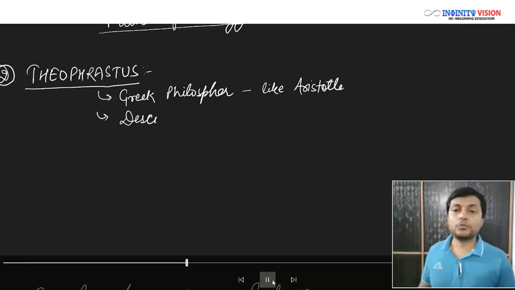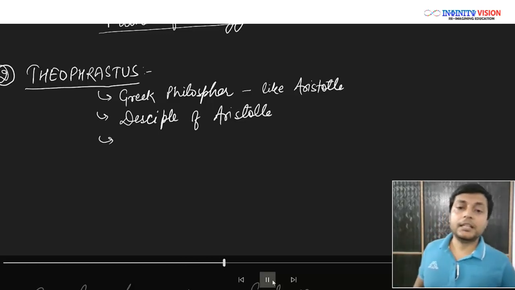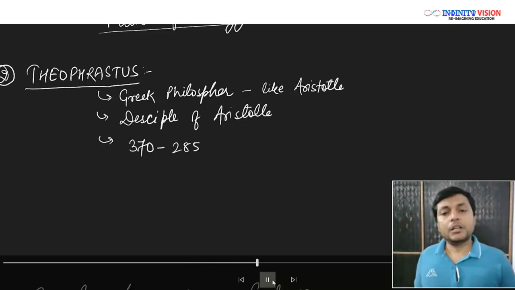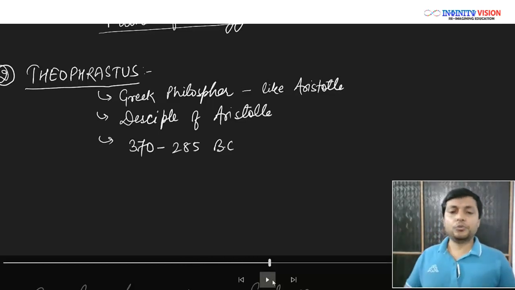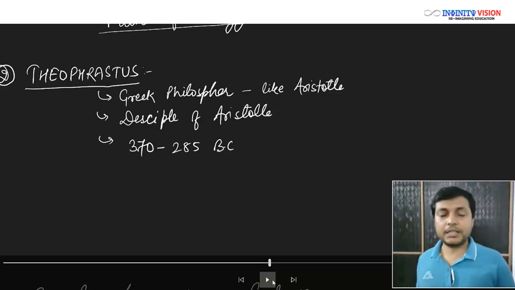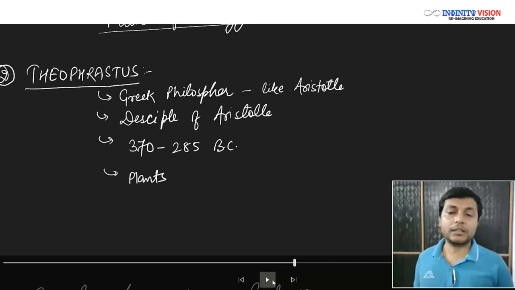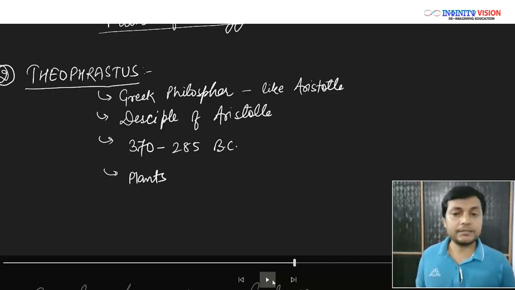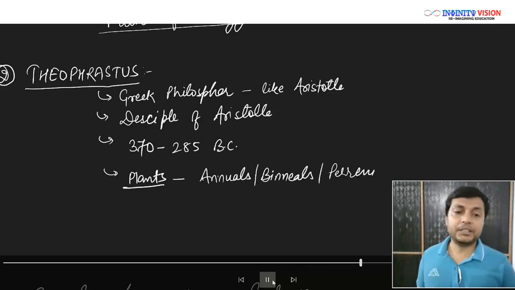Theophrastus also worked in biology, and he worked around 370 to 285 BC, that is before Christ. And what he did was he mainly worked in the classification of plants. He classified plants into annuals, biennials, and perennials.